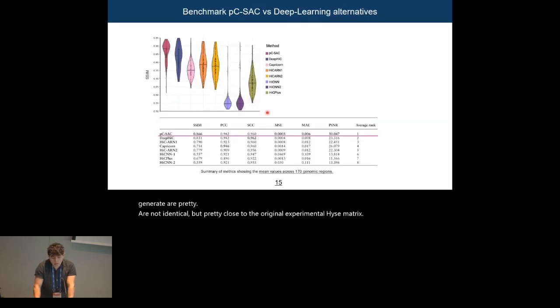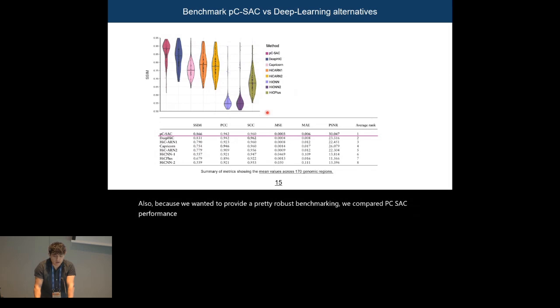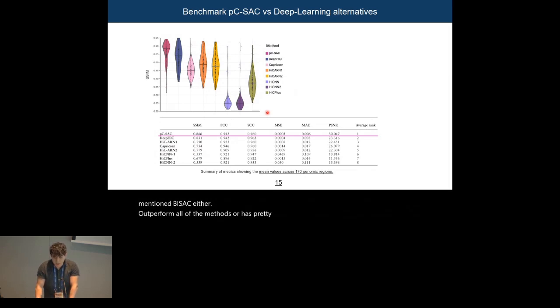Also, because we wanted to provide a pretty robust benchmarking, we compared pC-SAC performance to all of those deep learning algorithms out there that serve for the same purposes. And we observed that in all of the previous regions and previous metrics that I mentioned, pC-SAC either outperforms all of the methods or has pretty comparable performance.